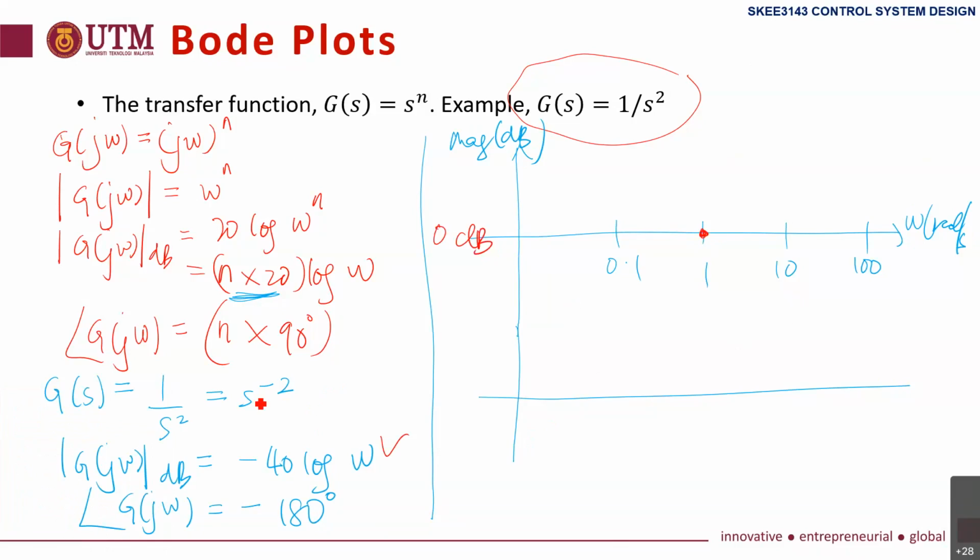But this is a straight line with slope minus 40 dB per decade. That means it is reduced by 40 dB. And then here maybe 80 dB at 0.01. At 10, it becomes another 40 dB, another decade, another 40 dB. So it's like this.